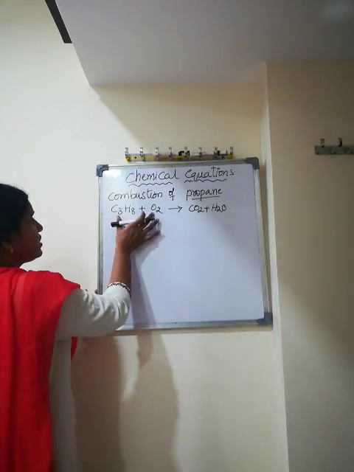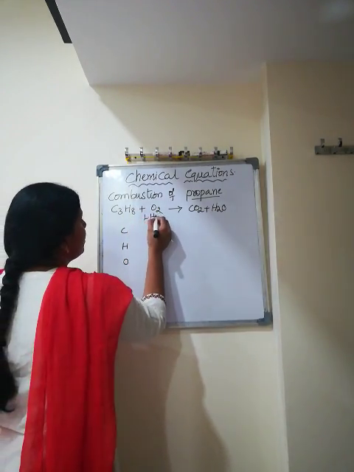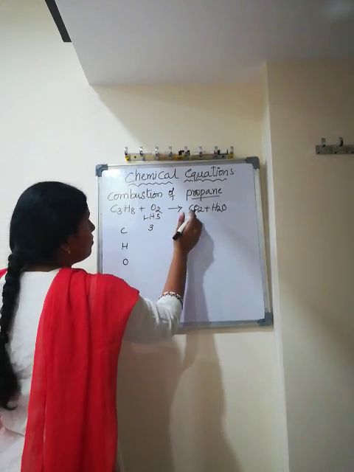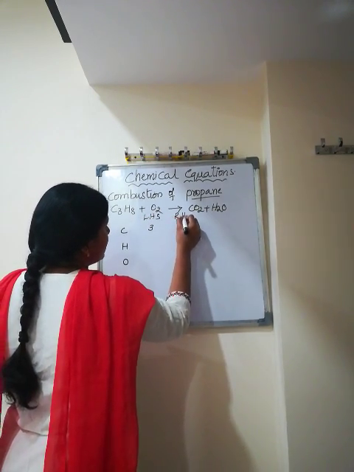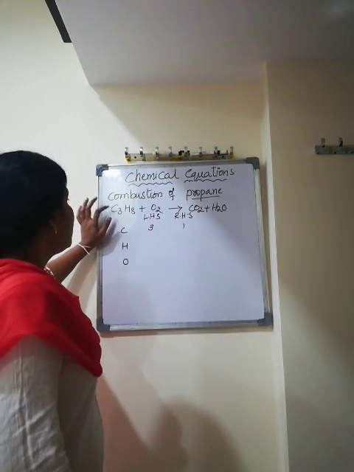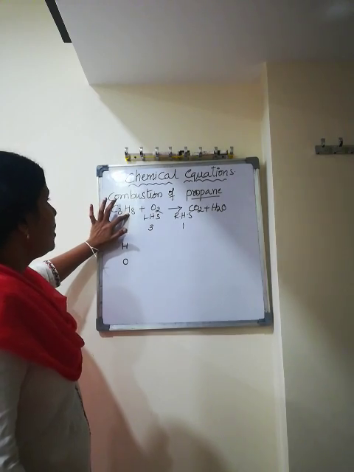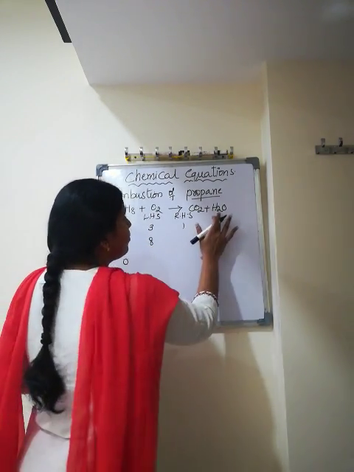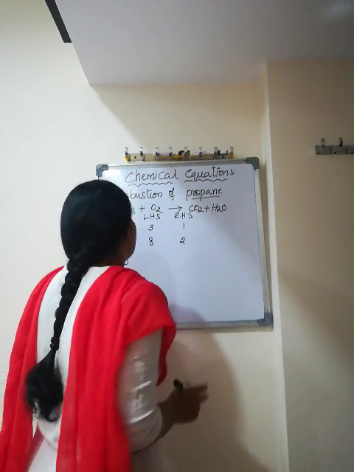So in the reactant side, that is LHS, the number of carbon atoms is 3. In product side, that is RHS, the number of carbon atoms is 1. Coming to the hydrogens, hydrogens are 8 in reactant side, and in product side 2 hydrogens are there.